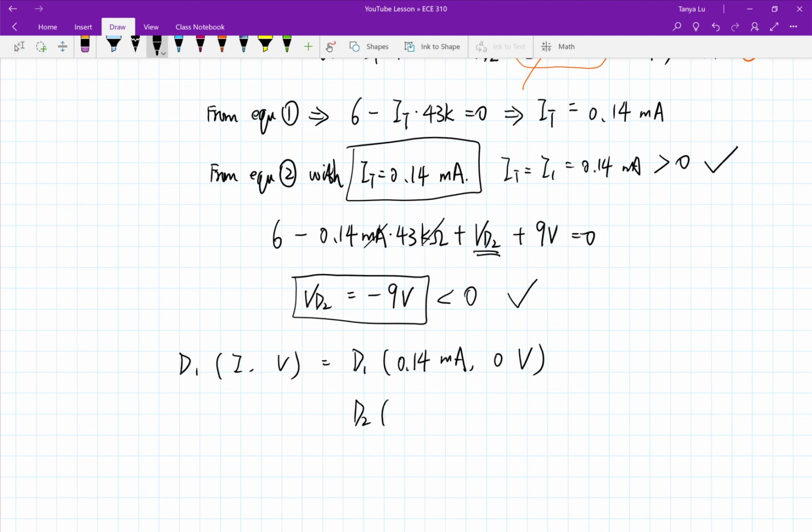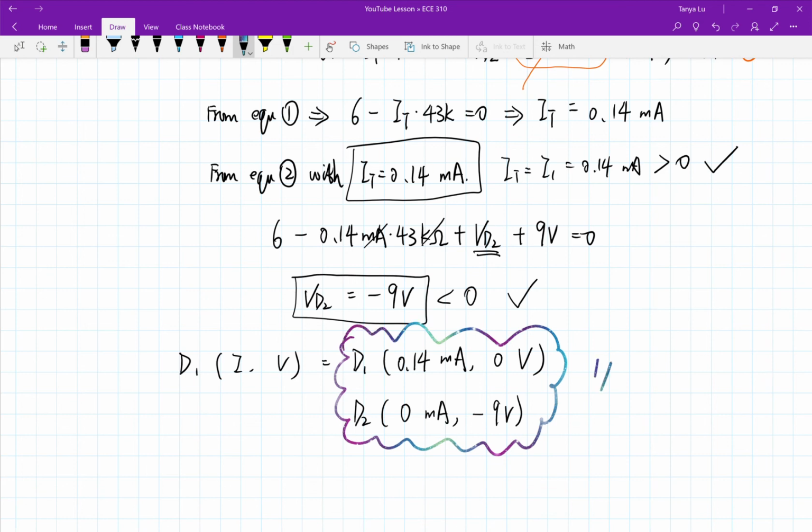And for D2, our current will be 0 milliamps because we assume it's open, and the voltage drop is -9 volts. So here is our answer. Ta-da! Check. Thank you.